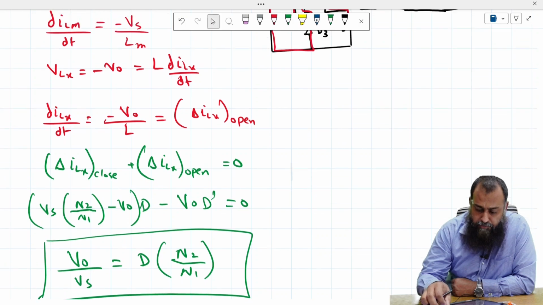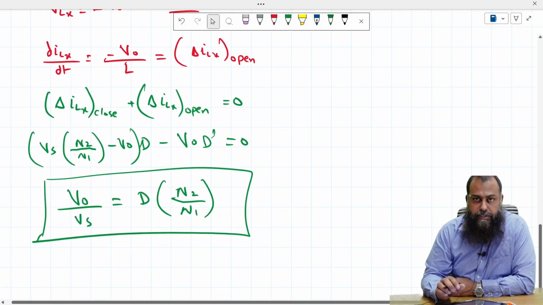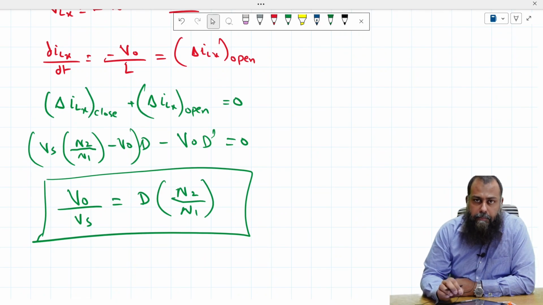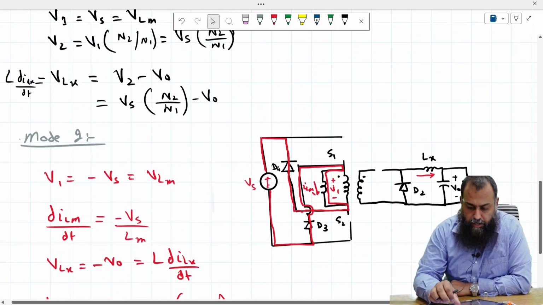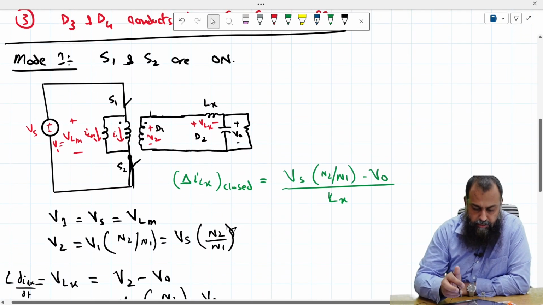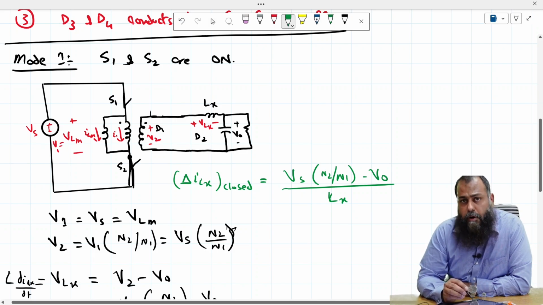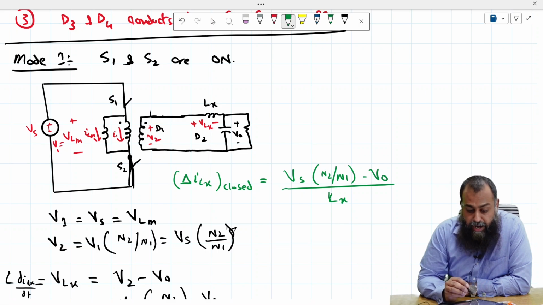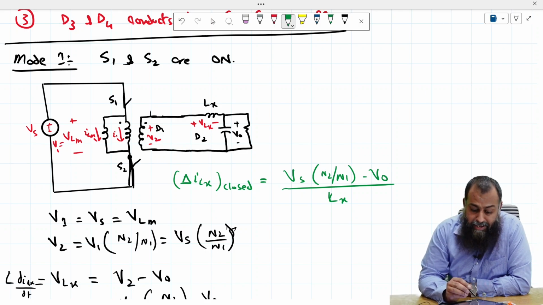However, once we are done with this voltage gain expression, we should have a look at the maximum duty cycle that can be applied on these switches S1 and S2. Notice one thing through this given equivalent circuit: the slope of the ILM during the time when we have turned on the switches S1 and S2 is Vs over Lm.